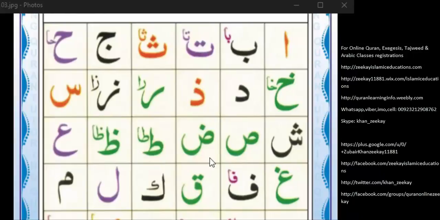Letter Dad is pronounced by touching both sides of the tongue, left side and right side, to the root of the left side teeth and right side teeth. It means the left side of the tongue will touch the root of the left side teeth and the right side of the tongue will touch the root of the right side teeth. But pronouncing this letter in this way is a bit difficult.